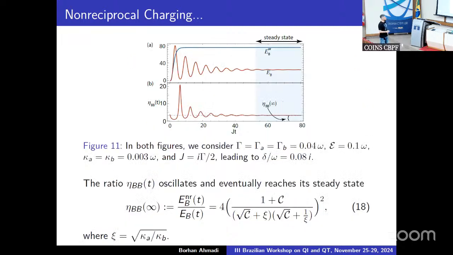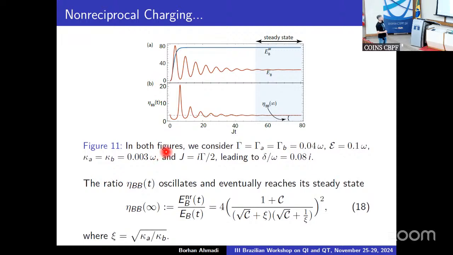To compare it with the conventional charging process, by conventional I mean when we have only coherent interaction with no shared reservoir, I showed in the beginning slides that the energy of the charger in the conventional case goes up and then goes to a steady state. But using the non-reciprocal technique, the energy of the battery goes up and then it never decays. It stays there because energy doesn't go back to the charger to be dissipated.